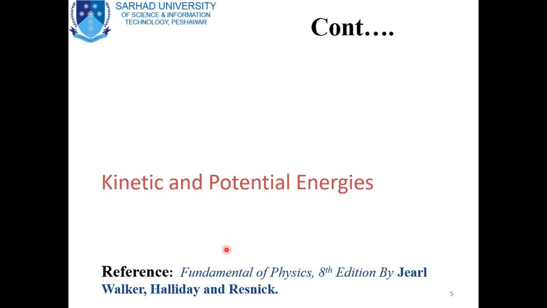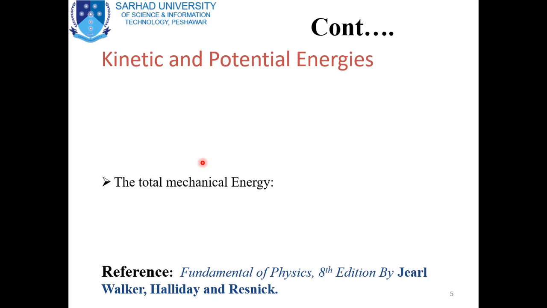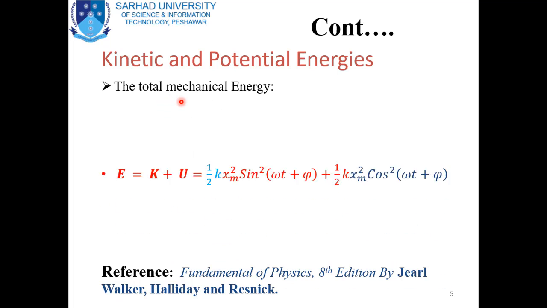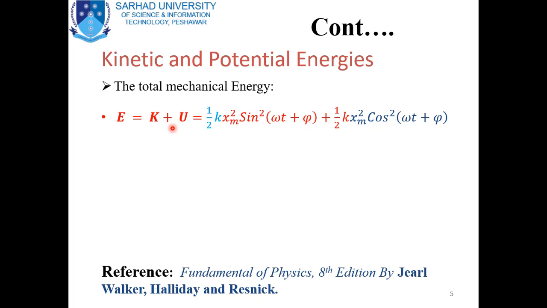Now in order to find the total energy of the system, the total mechanical energy of the system is simply the sum of kinetic plus potential energy. So put the values of kinetic energy and potential energy which we derived earlier. We will get half k xm square sin square(omega t plus phi) plus half k xm square cos square(omega t plus phi).